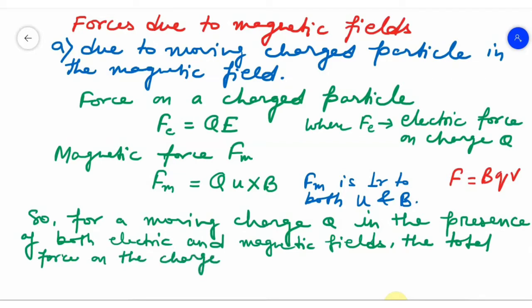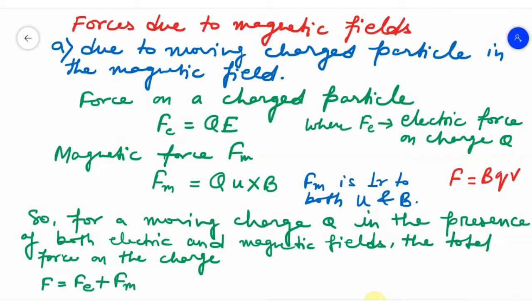Now this charge Q is under the influence of both the electric as well as the magnetic field. So the total force on the charge is F equals Fe plus Fm.